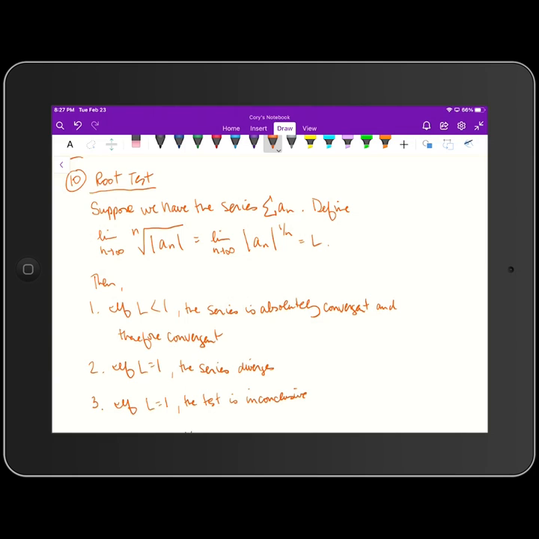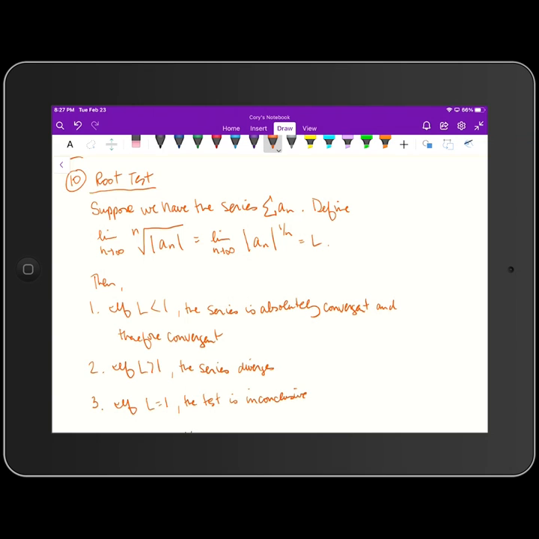Okay, so then there are three possible outcomes, just like we had with the ratio test. If the limit L is less than 1, that tells us that the series is absolutely convergent and therefore convergent. If L is greater than 1, the series diverges.